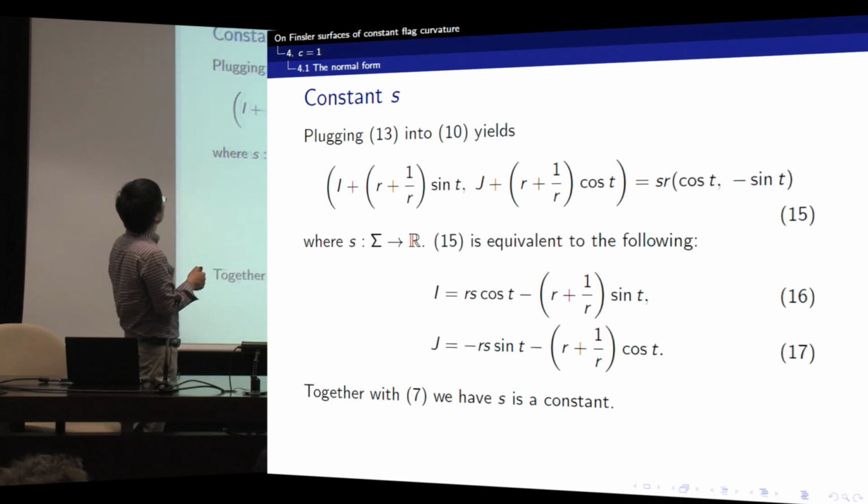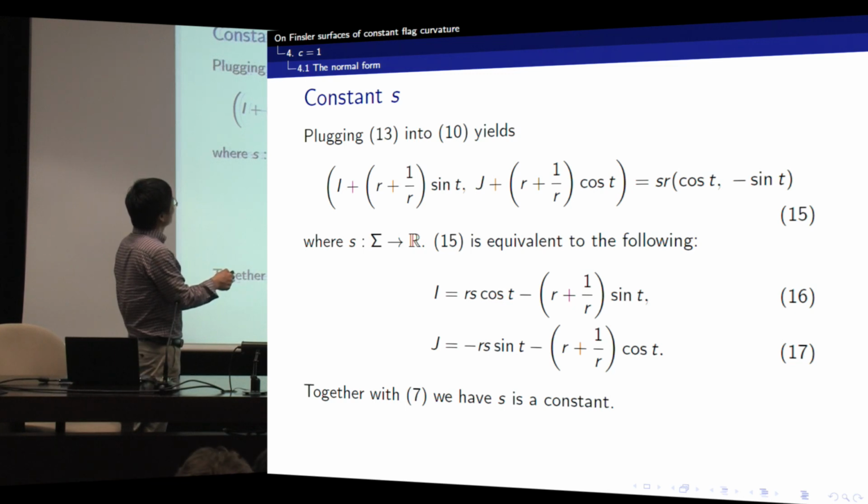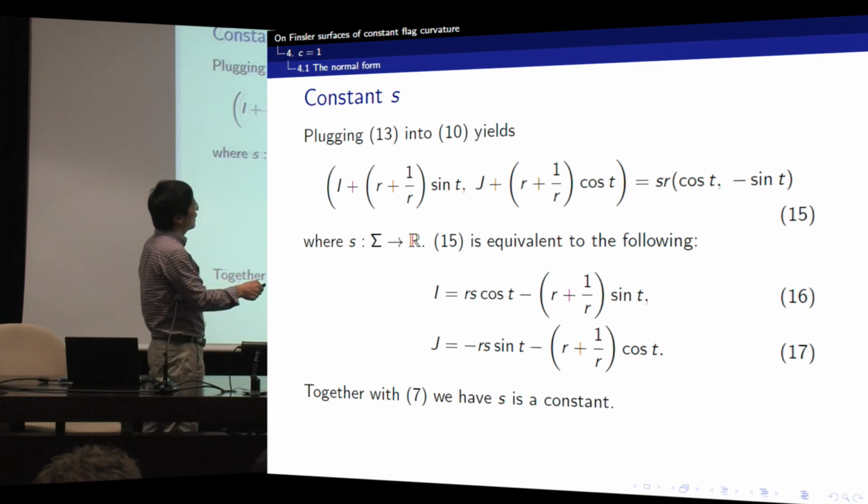Now we find the constant s. Plugging 13 into 10, we find this formula. This means this vector I plus R plus 1 over R sin t and J plus R plus 1 over R cosine t is proportional to R cosine t, minus sin t.